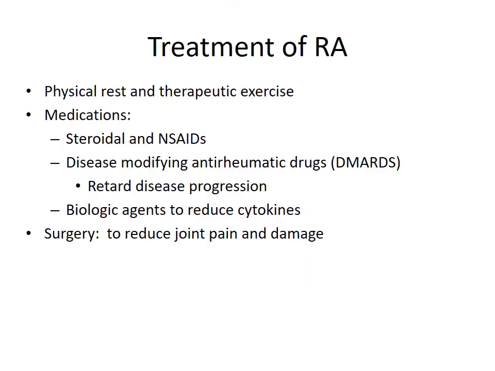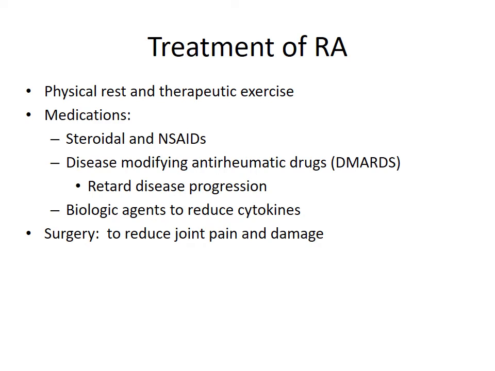Well, how do we treat it? It is a chronic disease, so rest and therapeutic type exercises to strengthen the joints. In addition, to reduce the inflammatory response, steroids as well as non-steroidal anti-inflammatories can be given. And sometimes RA is treated with what are called disease-modifying anti-rheumatic drugs, or DMARDs.